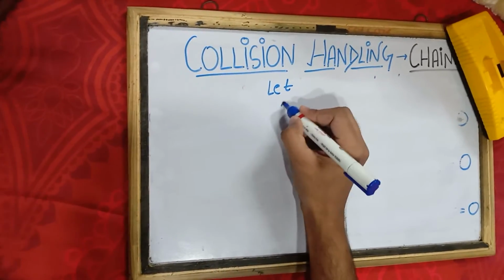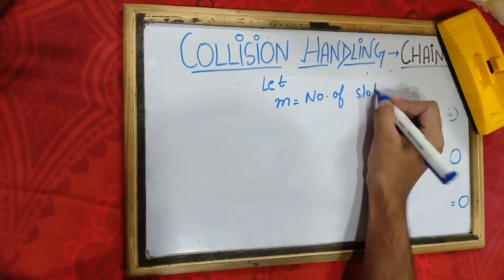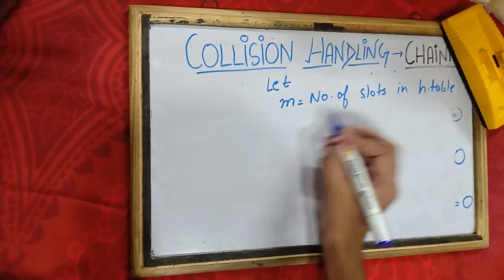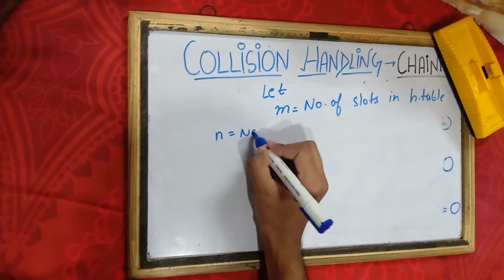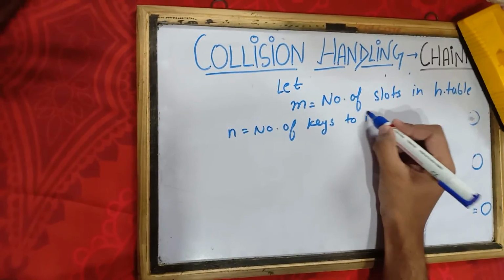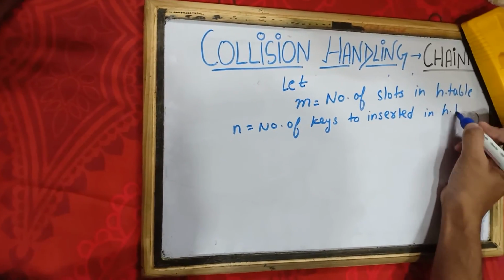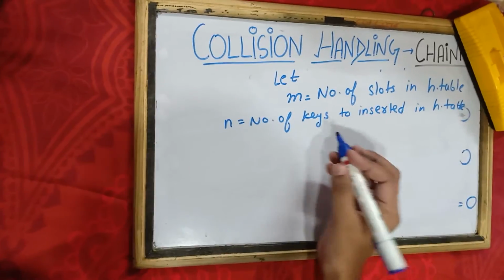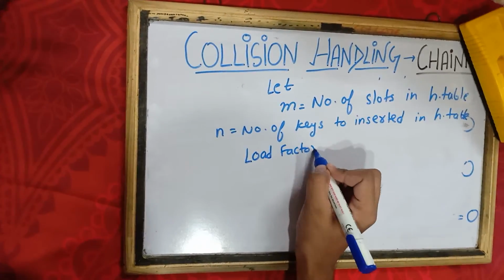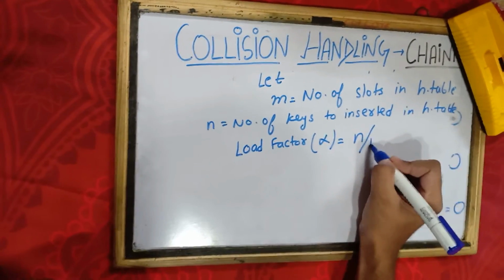Let's consider m to be the number of slots in the hash table, and n to be the number of keys to be inserted in the hash table. Then the load factor alpha is equal to n upon m.